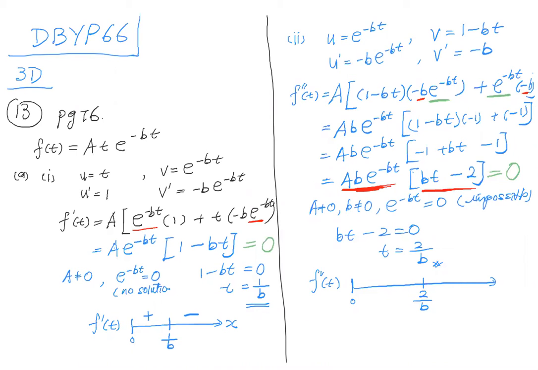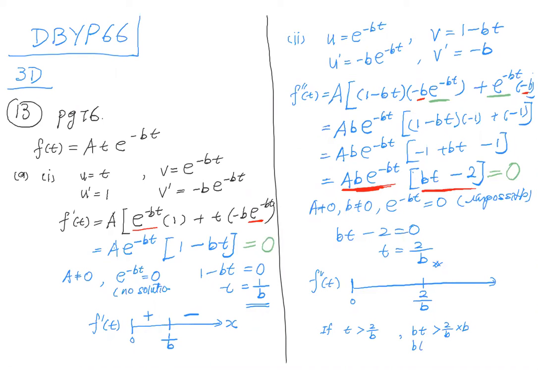So if t is more than 2 over b, now I teach you how to analyze. If t is more than 2 over b, what happened to bt? bt will be more than 2 over b times b, am I right?